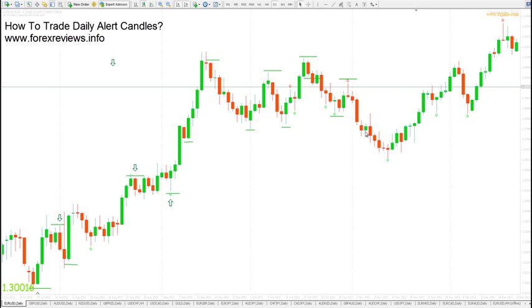Because you wouldn't enter a buy in that situation, it's smaller. So what you can do is say, okay, if I get a close above this candle, above this level here, I'm out.